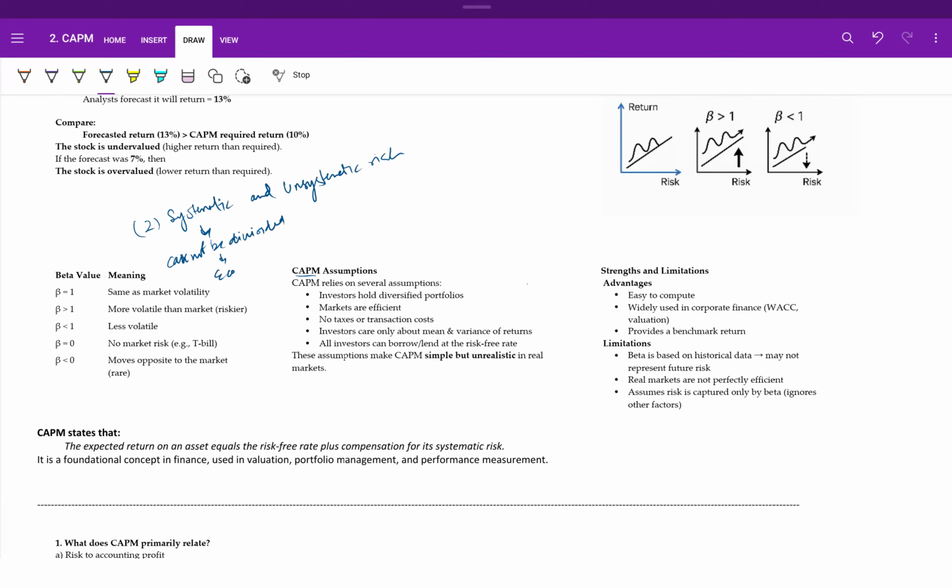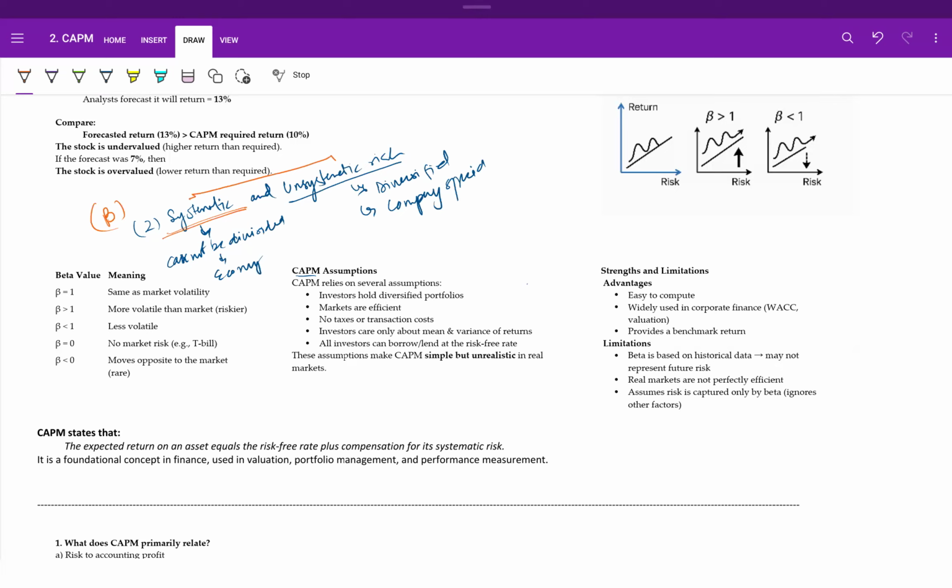And unsystematic risk is the risk which can be diversified. This is related to company specific risk. Systematic risk is measured using beta, and total risk is systematic plus unsystematic risk.